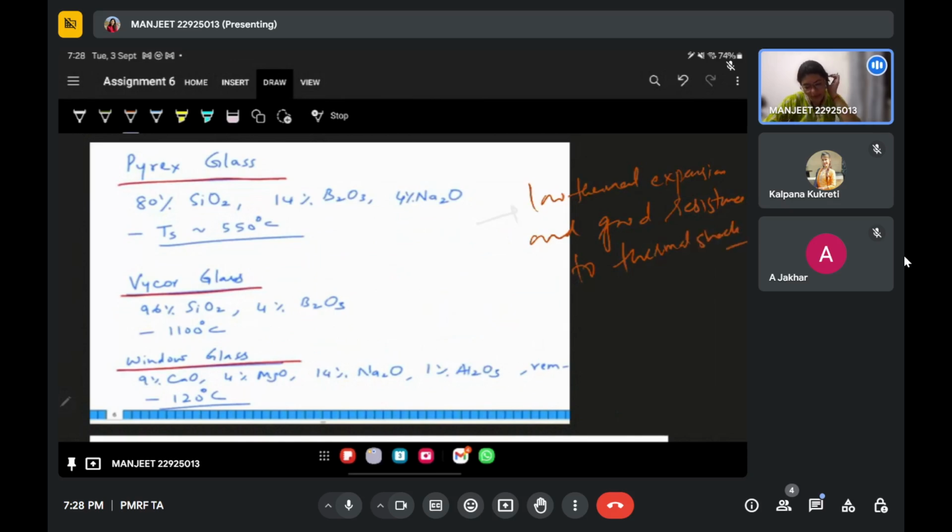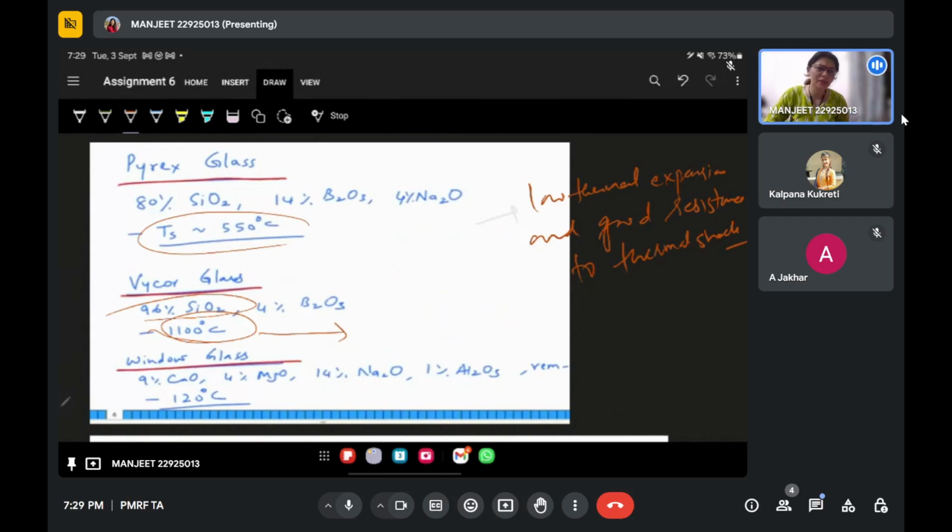In Vycor glass, the silica amount is higher and there is no sodium oxide. We know silica has a higher softening temperature, so because the amount is greater here, the softening temperature also increases for Vycor glass. Because of the high softening temperature, they have excellent thermal and chemical resistance.